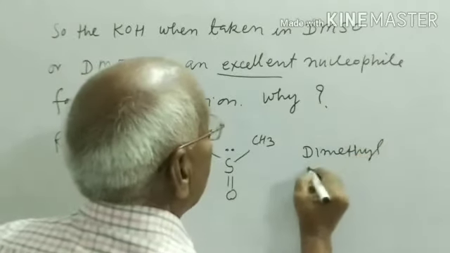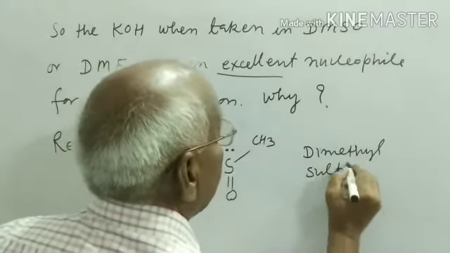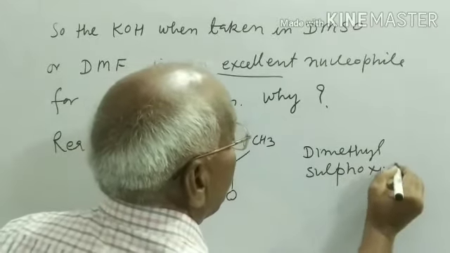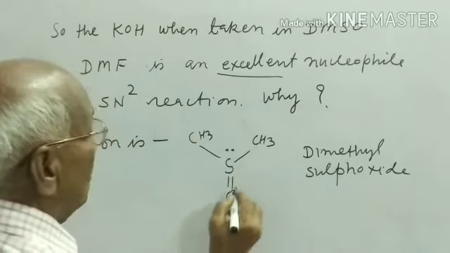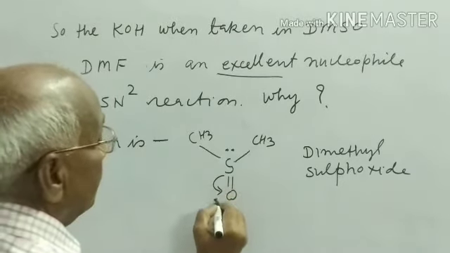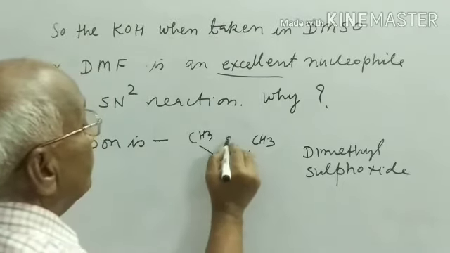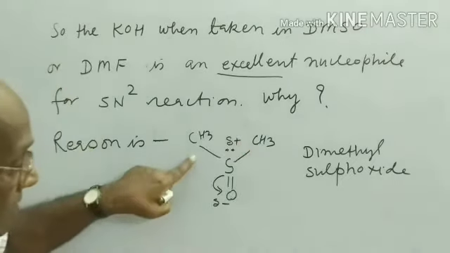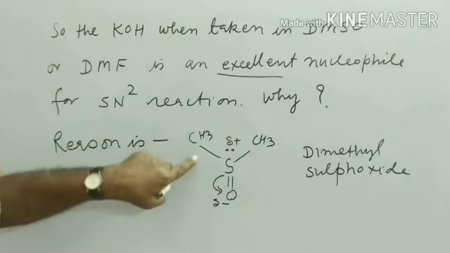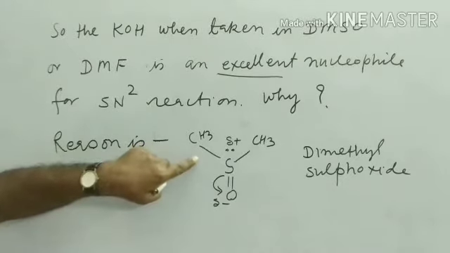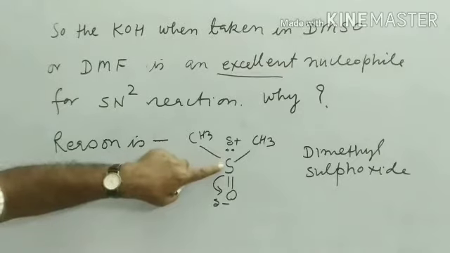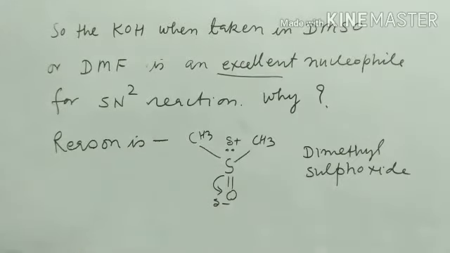It is polar. This is negative and the sulfur is positive. So, it is a polar aprotic solvent. This solvent does not provide protons. So, it is aprotic and polar because of polarity between sulfur and oxygen like this.